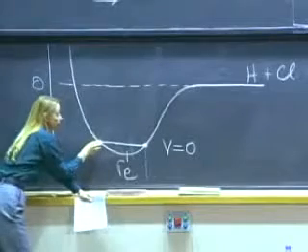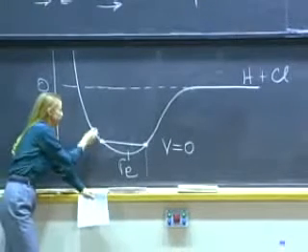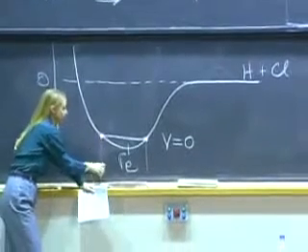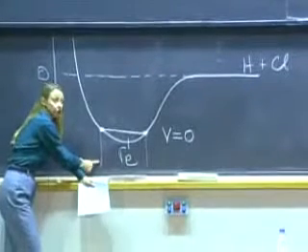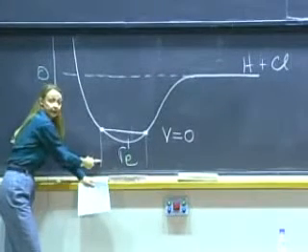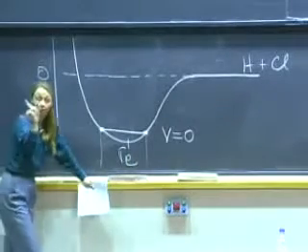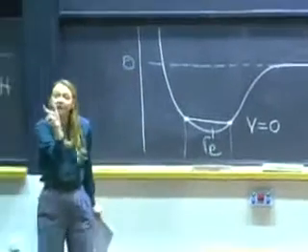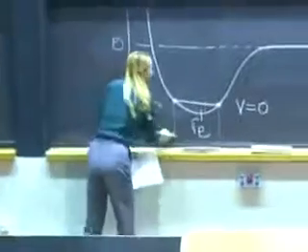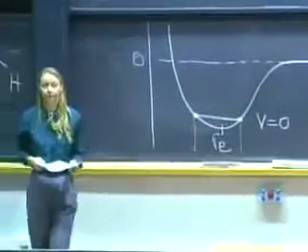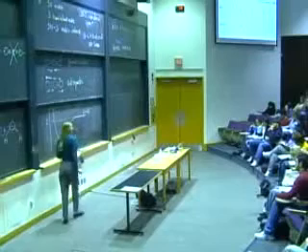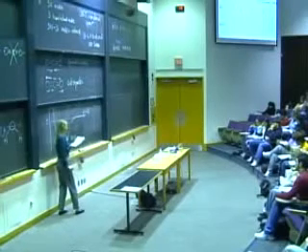The intersection of this energy with this curve represents the closest that the two nuclei get. So this represents the most that the molecule has compressed. This is the smallest value of R. That's what that diagram represents.